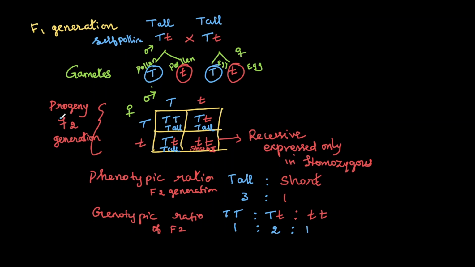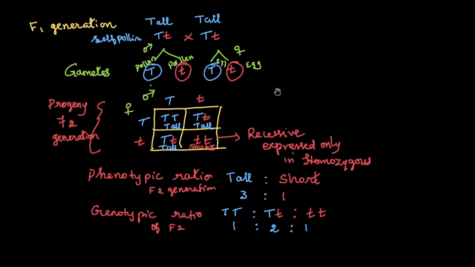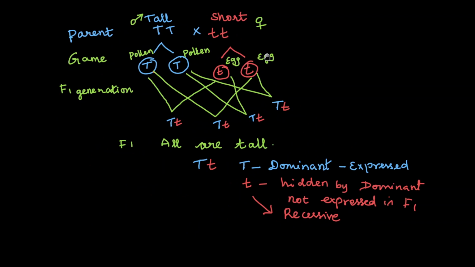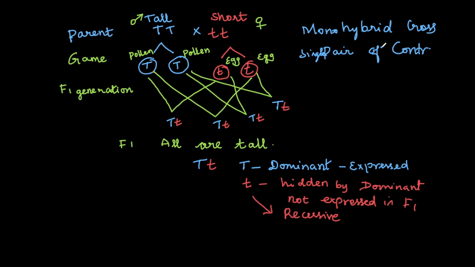So this is a monohybrid cross. Monohybrid cross, because mono means single. We have taken only a single pair of contrasting character for the experiment.